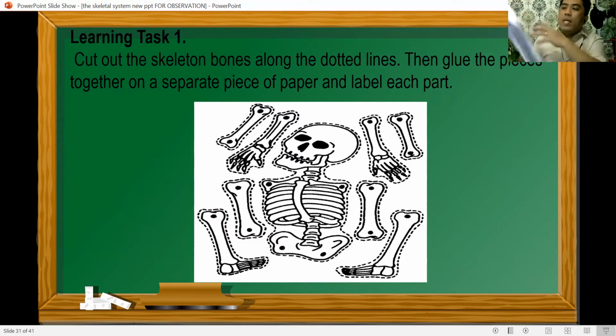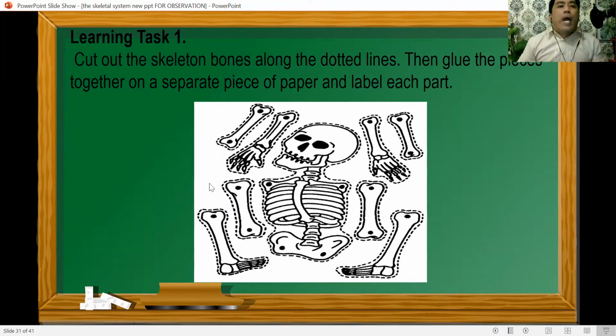So kung mapapansin niyo dito sa pangalawang page ng inyong worksheet, so may makikita yung sa likod nito ay blanco. Okay. So dito niyo na po idikit ang inyong ginupit na parts ng skeletal system. So dito niyo po idikit. Okay. So magsusobra talaga yan kasi hahaba yung picture ninyo. So walang problema. Pag nagpasa kayo kay sir or kay ma'am, pakitupi lang.